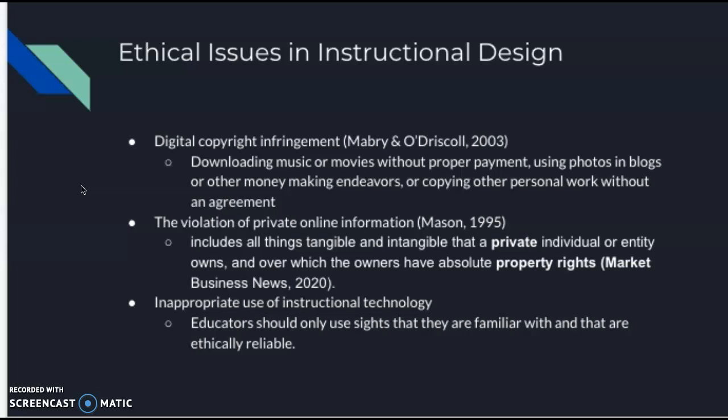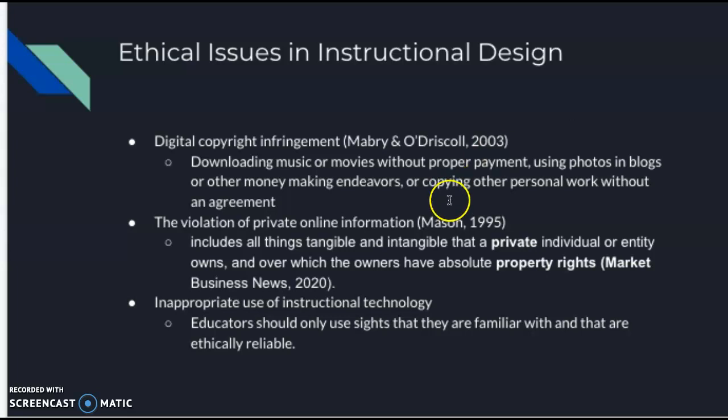The first one is digital copyright infringement. What that means is that it can really be anything where you're using somebody else's work without the proper agreement for your own benefit. So downloading music or movies without proper payment, recording movies in a movie theater, using photos in blogs that you have not taken, that maybe you found on another site that you are not citing appropriately, or for other money-making endeavors.